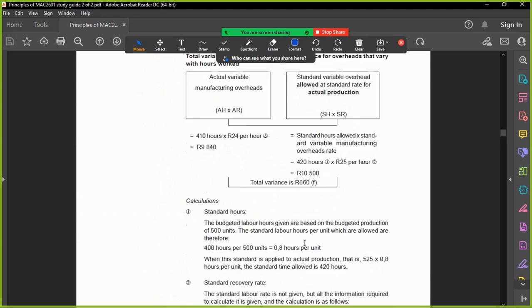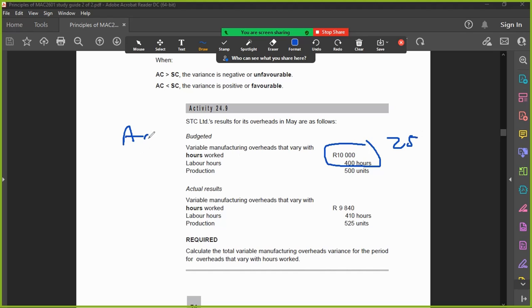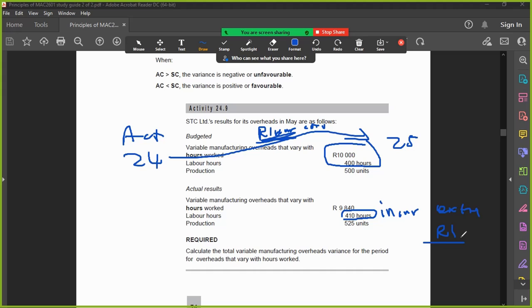So if you look at this question again, they're stating that because this rate was 25 and the actual was 24, there is a 1 Rand difference in terms of variable costs. So if I've got labor hours of 410, that means every hour is going to incur an extra 1 Rand in terms of cost. Does that make sense?